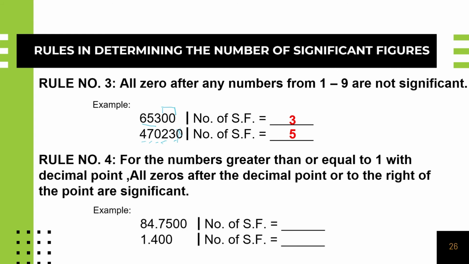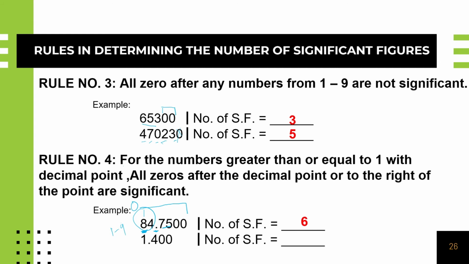Example, okay, 84.7500. So, these are all significant. So, bakit siya lahat naging significant? Dahil meron tayong decimal point at meron tayong numbers from 1 to 9 dito. Okay? So, pag ayan ay naging 0, ito ay 4 lang. So, kaya ang magiging sagot dyan is 6 significant figure. Next is 1.4.